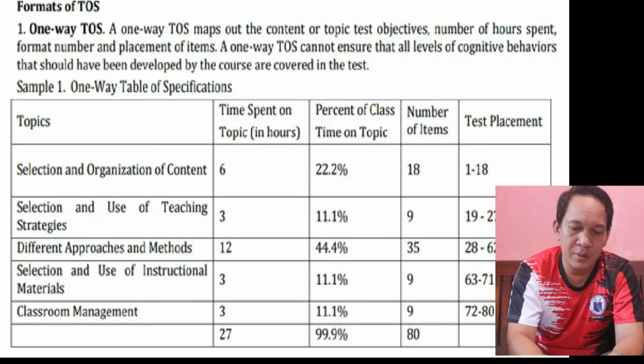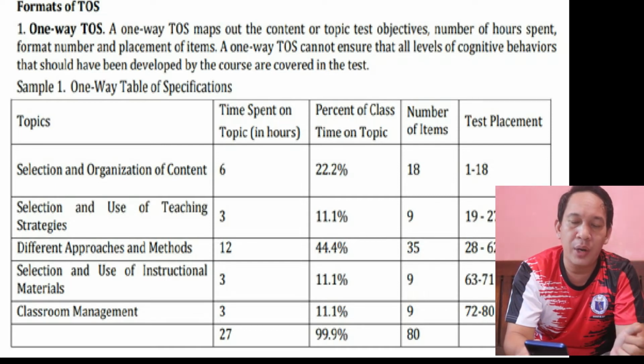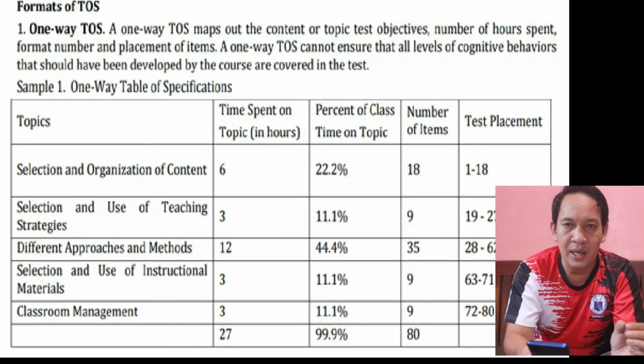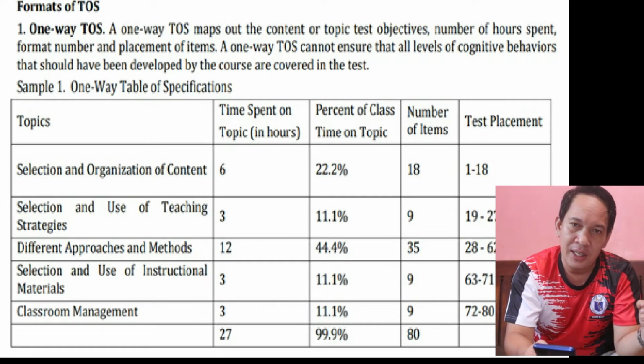Or we can try to compute 80 times 0.111, it is equal to 8.88. As I said, you have to round it to the nearest whole number. So 8.888 becomes 9.